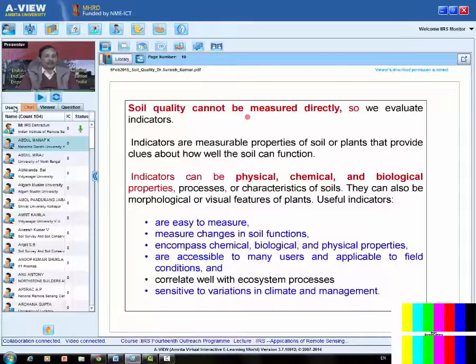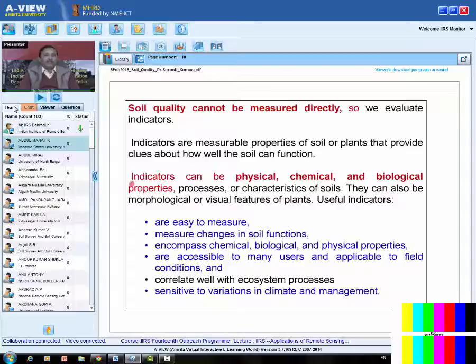One thing you should keep in mind, remote sensing cannot be used directly, but indirectly various parameters or soil attributes information can be obtained from the remote sensing data, which can help you in assessing the soil quality.